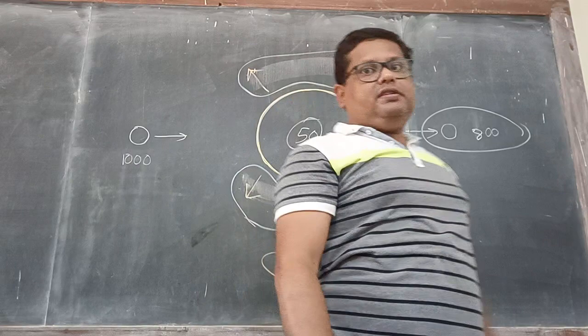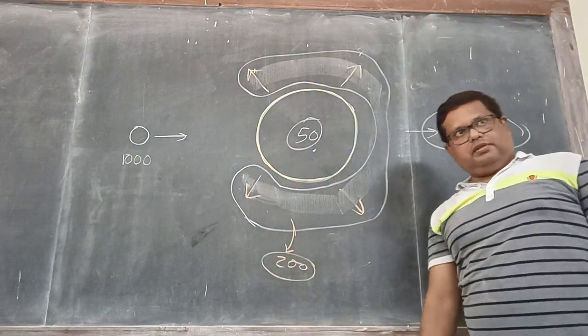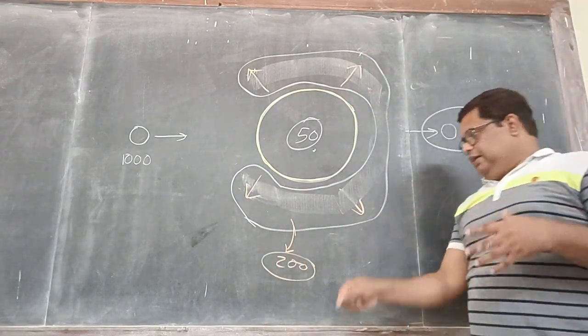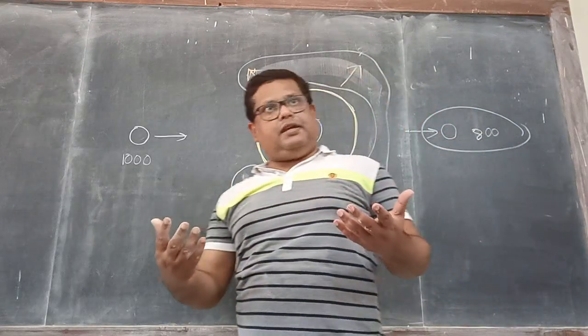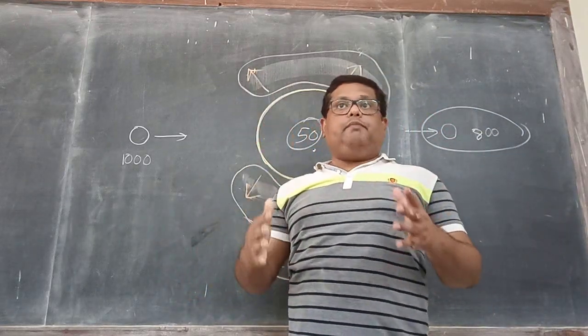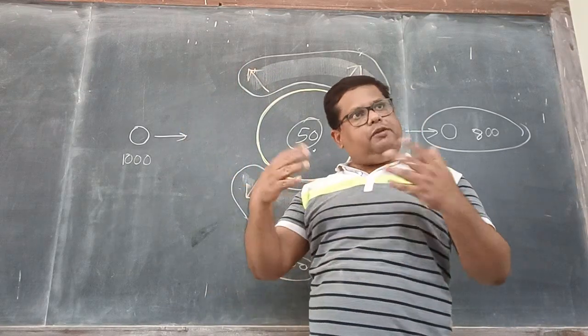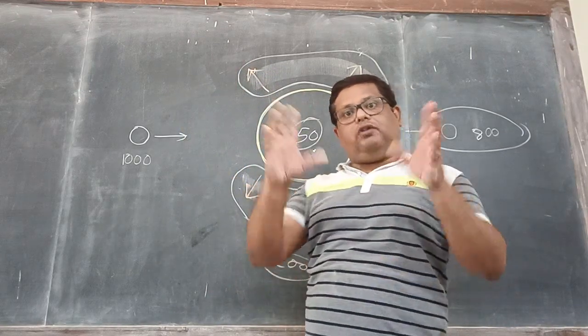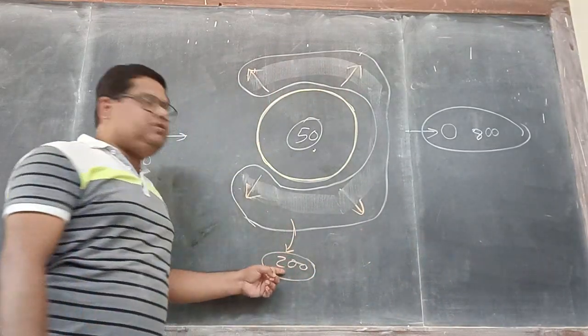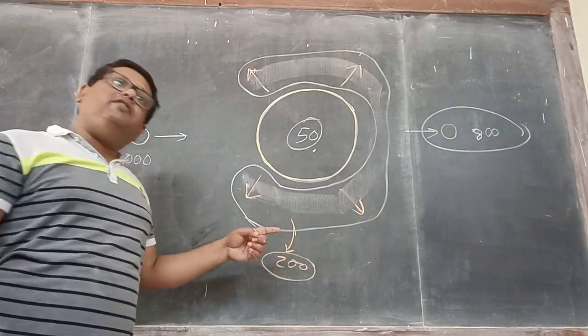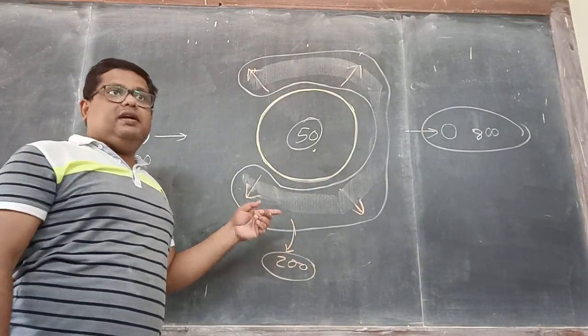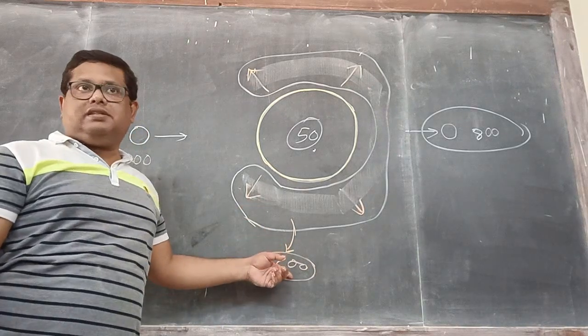In an experiment we have to observe. Previously I told you that 50 was being observed. Now there is a possibility that those 50 are not observed, but here you observe this 200. So can you immediately say that these 200 are from elastic scattering?